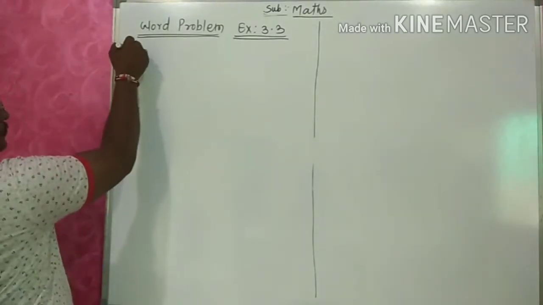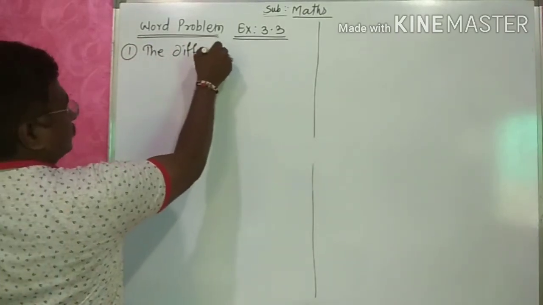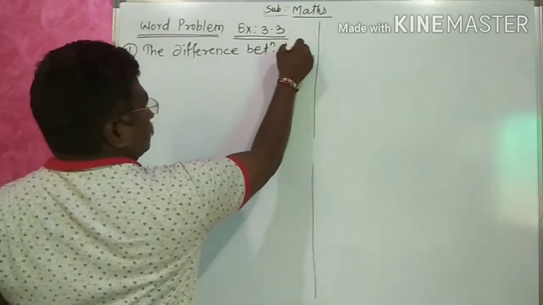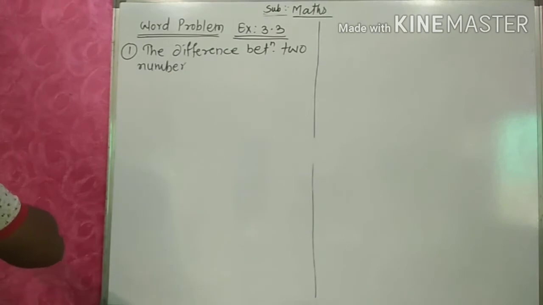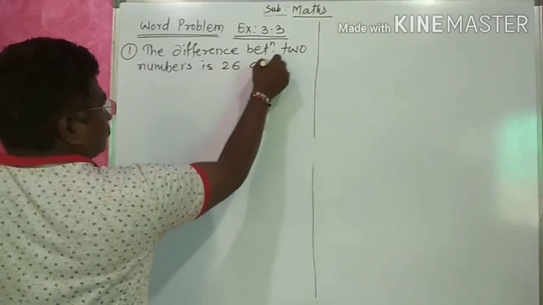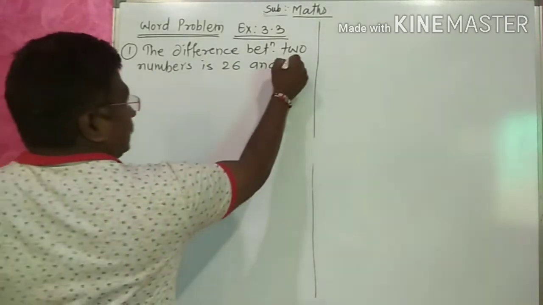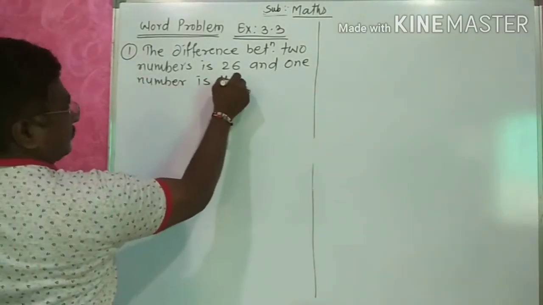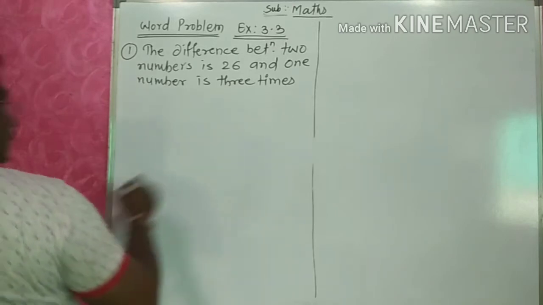So what has to be done? First question: the difference between two numbers is 26 and one number is 3 times the other.